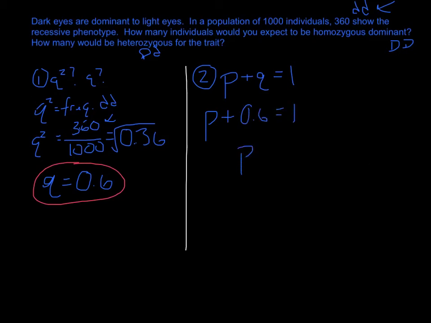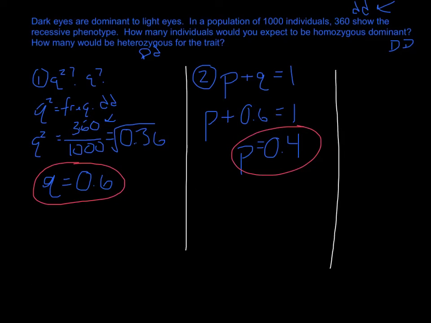Subtract 0.6 from both sides gives us p equal to 0.4. Now, we know our p and we know our q, which means we can do the third part of the solution, which is to use the larger formula for Hardy-Weinberg and break it down into its component parts. So let's take a look at a new slide here.